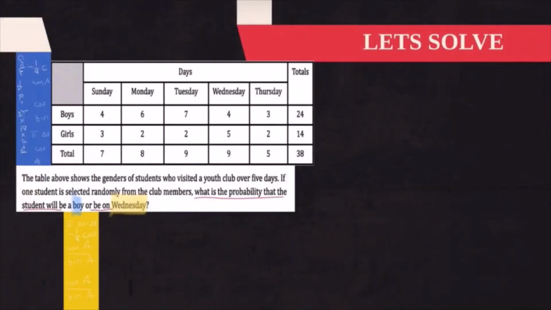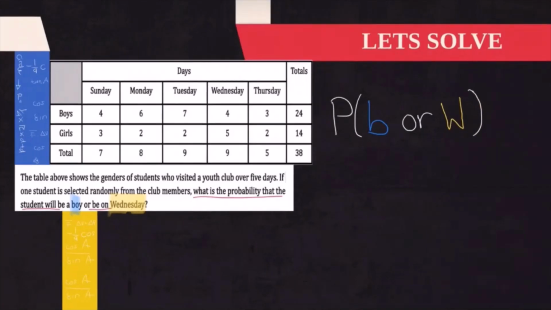At first, find the probability of a boy or Wednesday. These two events are not mutually exclusive.